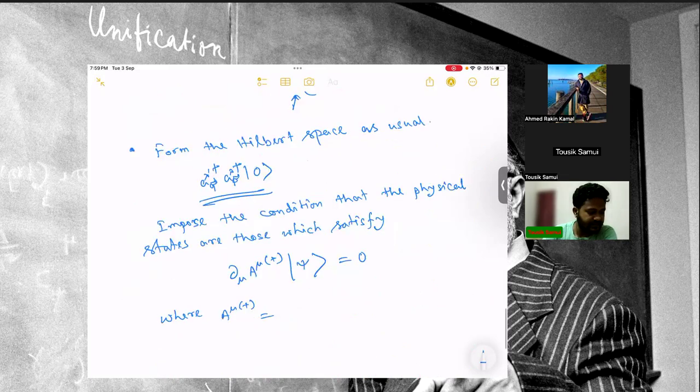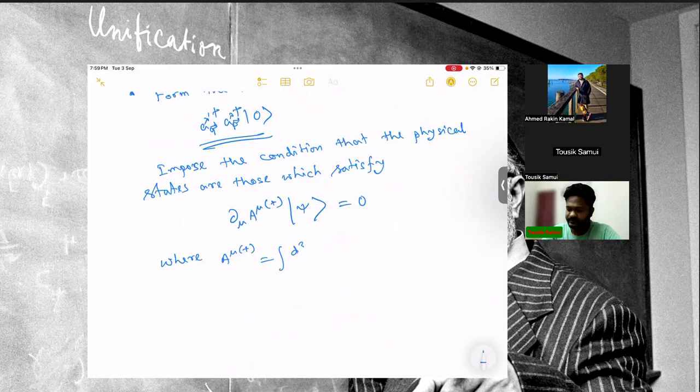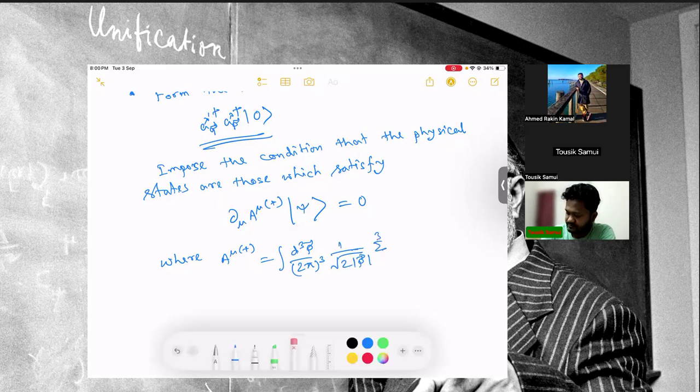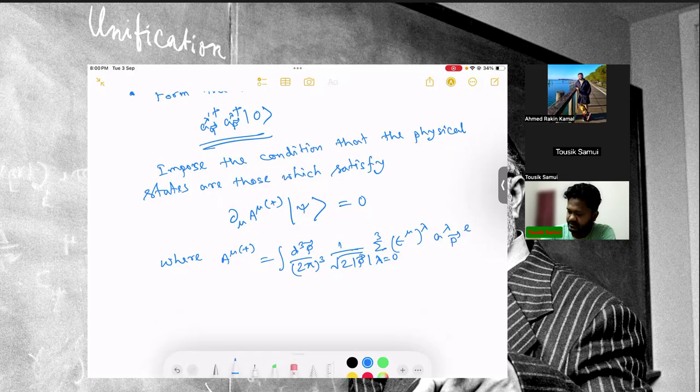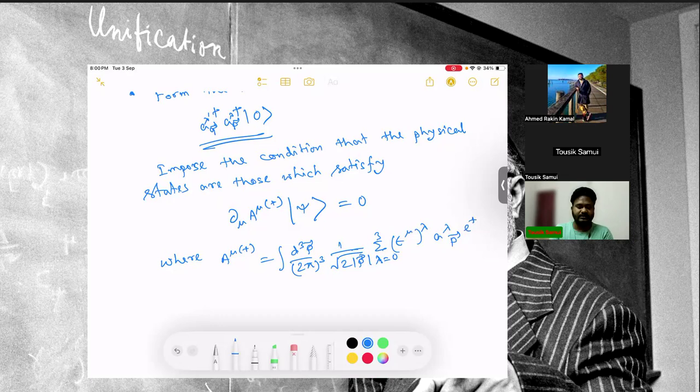So let me write it explicitly: this is ∫ d³p/(2π)³ times 1 over square root of 2p, and a lambda p times ε to the minus i p·x.